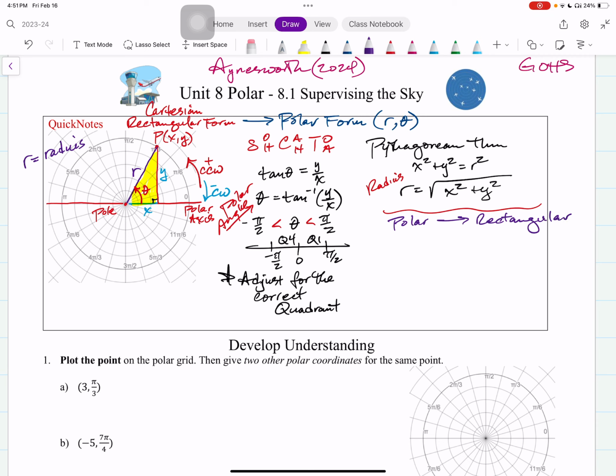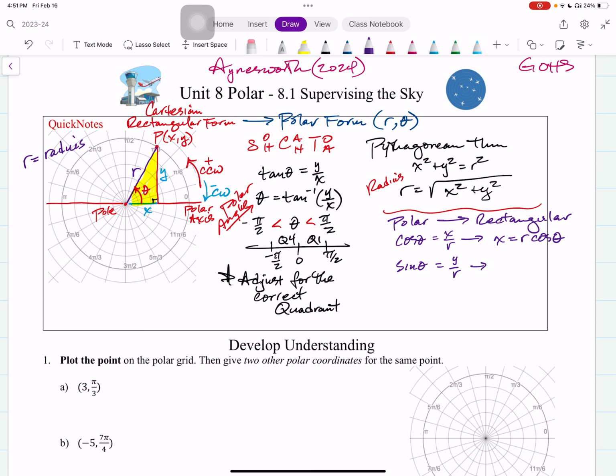We know from the diagram up here, and again, this is a basic trick, cosine is the adjacent divided by hypotenuse ratio. So we know that cosine theta is equal to x divided by r. And if you multiply both sides by r, you get x is equal to r times cosine theta. And we also know that sine theta is the same thing as y over r.